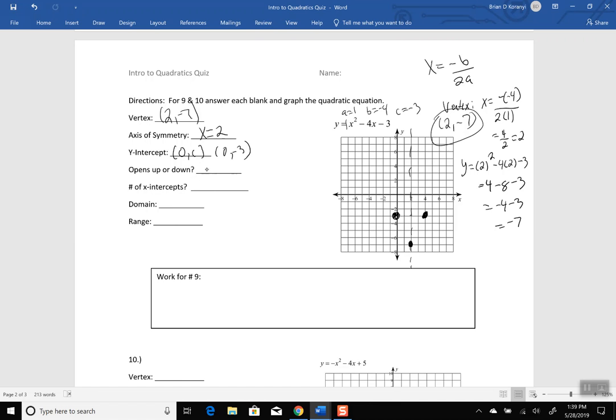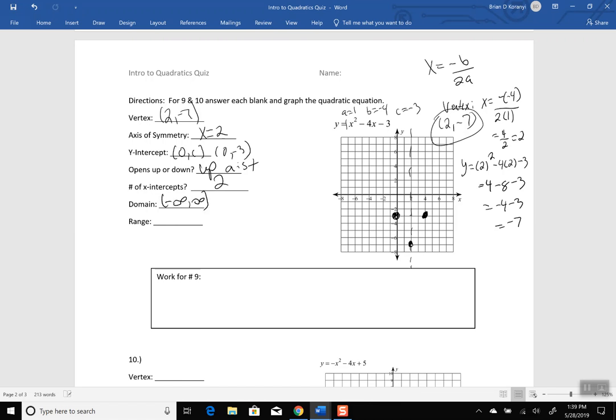I know it opens up because a is positive. I know I'm going to have 2 x-intercepts because if I were to fill this in going up, it's going to hit the x-axis twice. And the domain would be negative infinity to infinity.